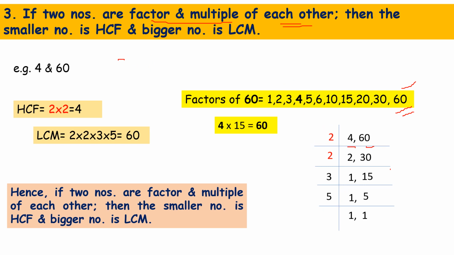So in that case you do not need this process of finding the factors. This process is not required. The only thing is you should be sure that the numbers are factor and multiple of each other. Then you can say the smaller one will be the HCF and the bigger one will be the LCM, right?